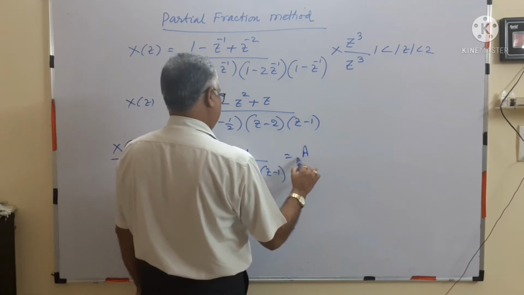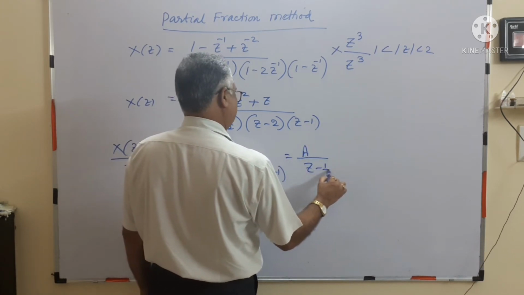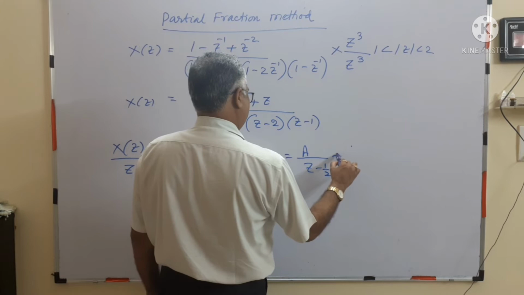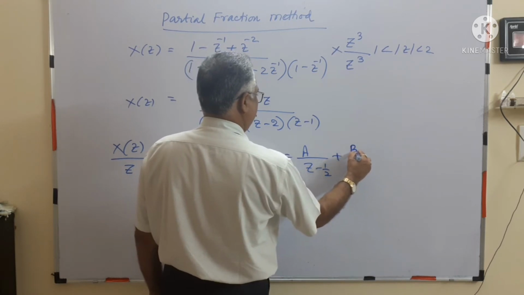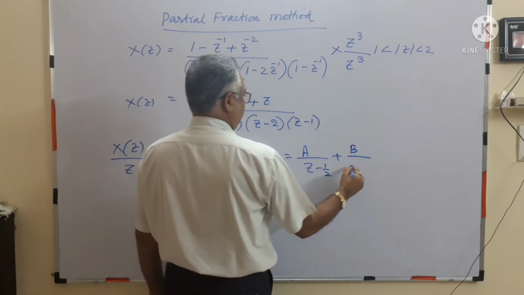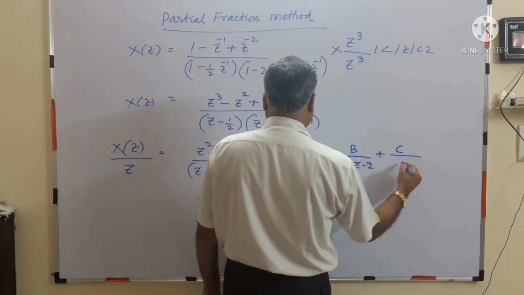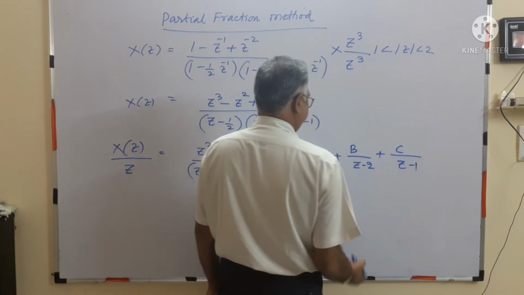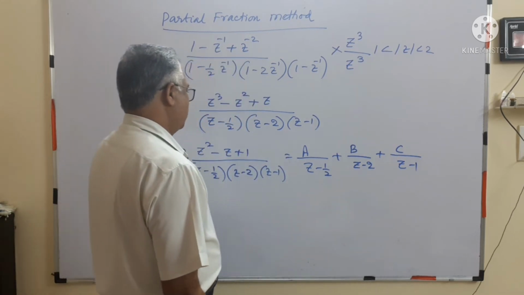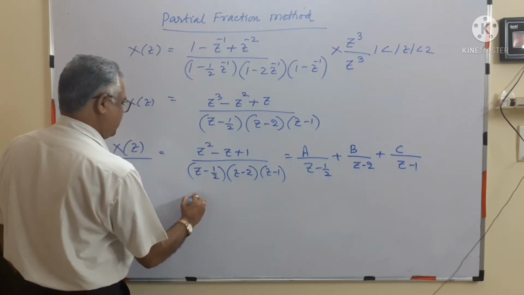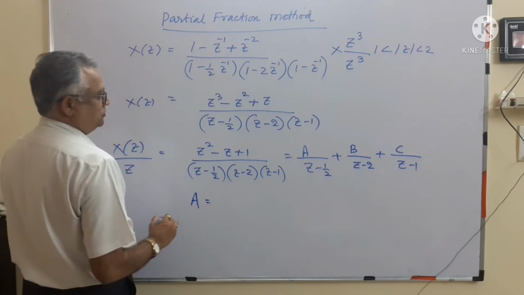So this is nothing but a by z minus 1 by 2, plus b by z minus 2, plus c by z minus 1. So we can find the a value easily. So what is the technique?